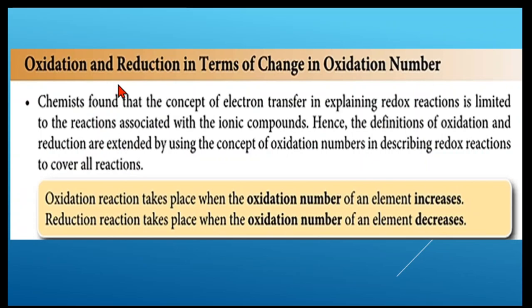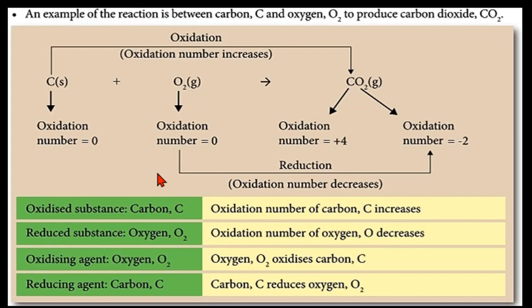Okay. Next one, oxidation and reduction in terms of change in oxidation number. What is oxidation number? Oxidation and reductions are extended by using the concept of oxidation number in describing redox reaction to cover all reaction.